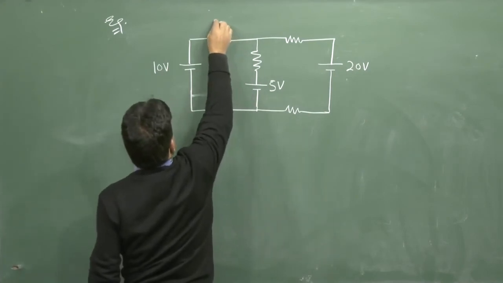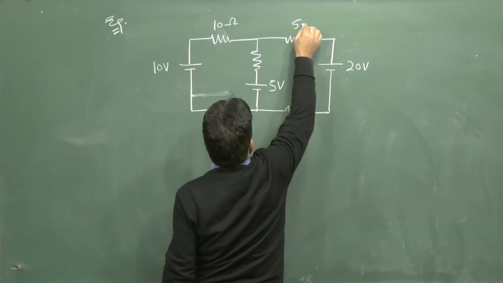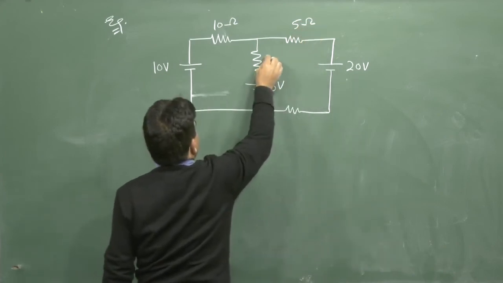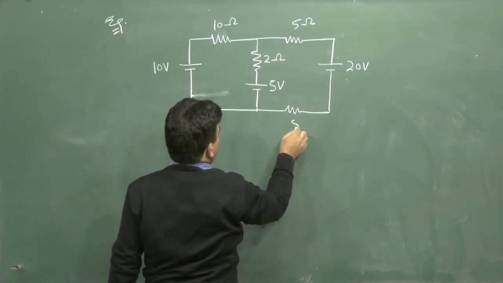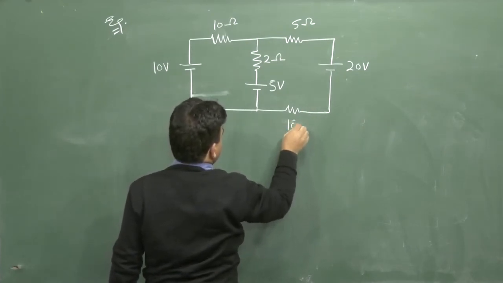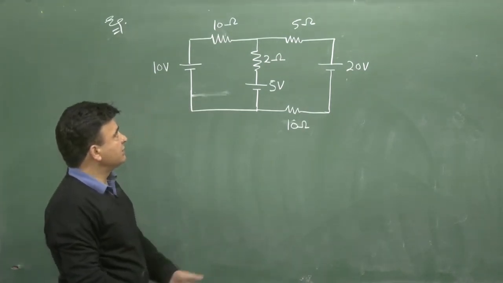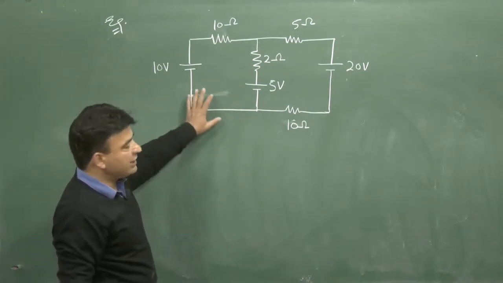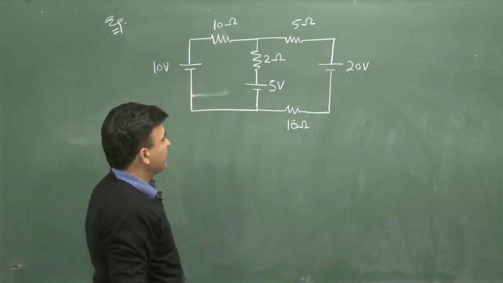Here are the resistors of 10 ohm, 5 ohm, 2 ohm, and 10 ohm. This is an electrical circuit consisting of resistors and the EMFs or cells as shown here.